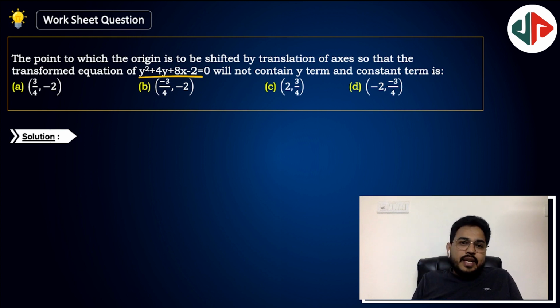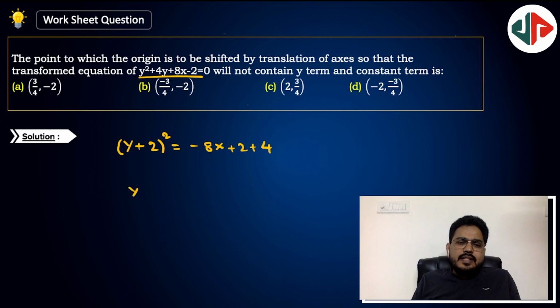Okay. So it is y plus 2 whole square is equal to minus 8x. Look here, y square plus 4y. Actually 4 is not there, so this 2 will come to this side plus 4.